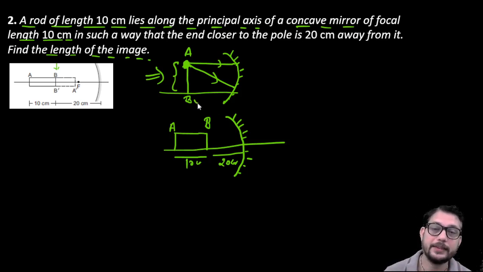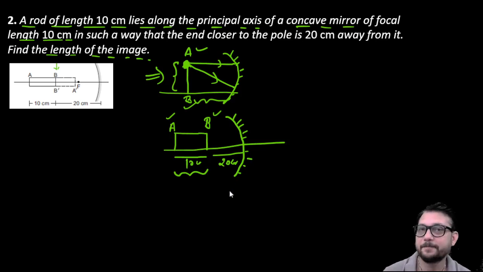But if the object is lying on the axis, then point A has a different distance and point B has a different distance from the mirror. It means now we need to take 2 points in place of 1. We have to calculate the point of the image for point A as well as for point B.